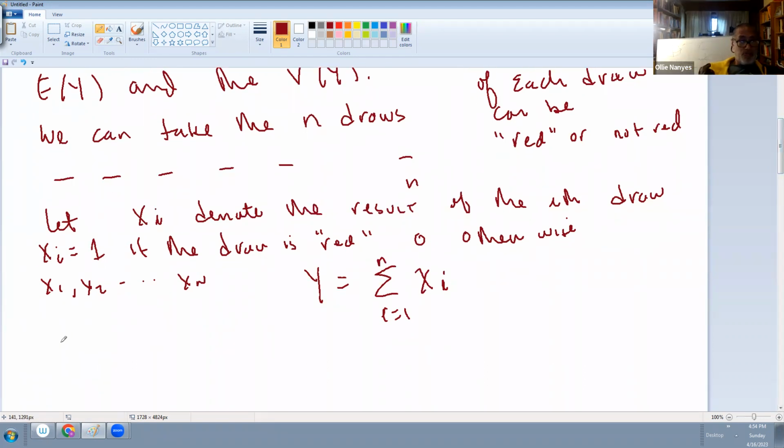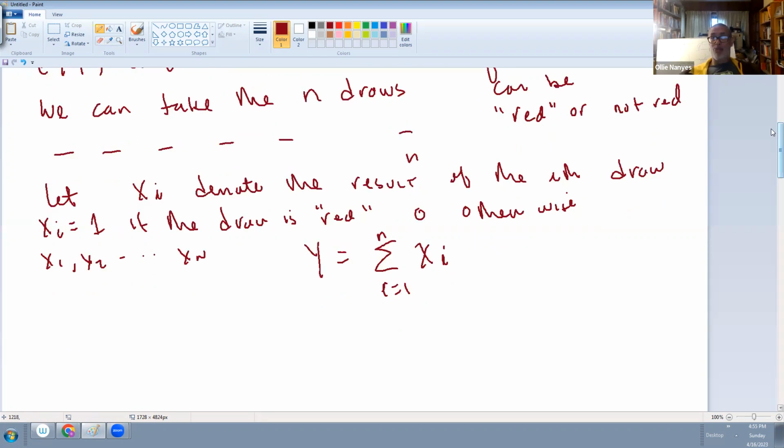So what we want to do is calculate the expectation of Y and the variance of Y. And to do that, we need to calculate the expectation of each individual xi.